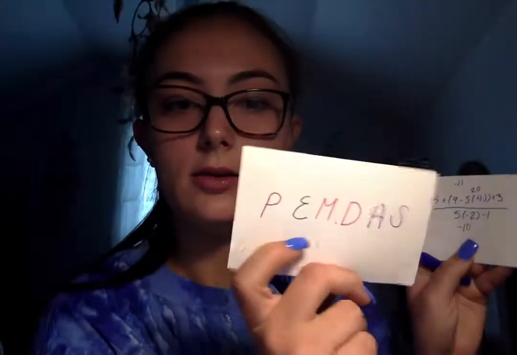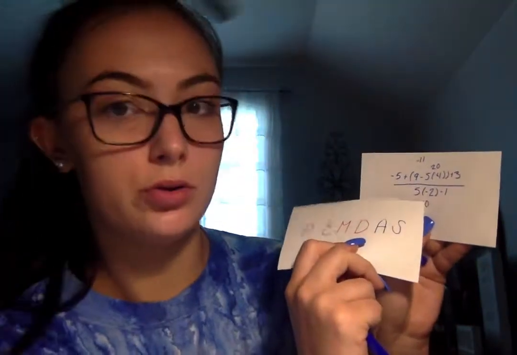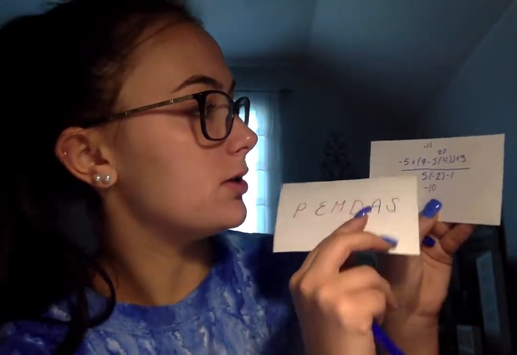Once you've done the parentheses, there are no exponents. You're going to do multiplying, dividing. There is no multiplying anymore. We kind of just took care of that along with the parentheses. So you're going to do adding and subtracting. So you're going to do negative 5 minus 11 plus 3, and you're going to do negative 10 minus 1.